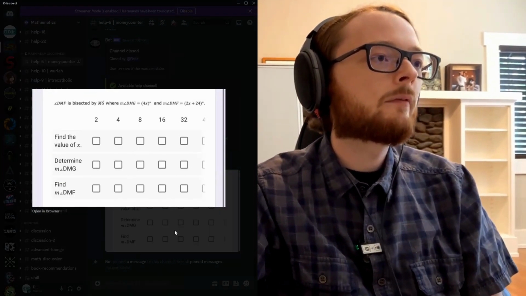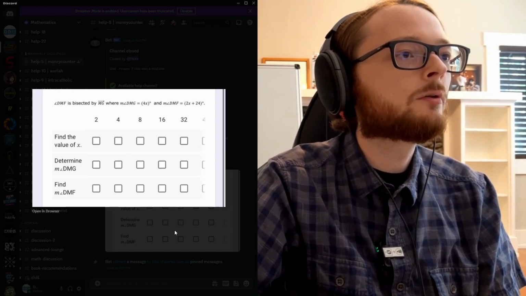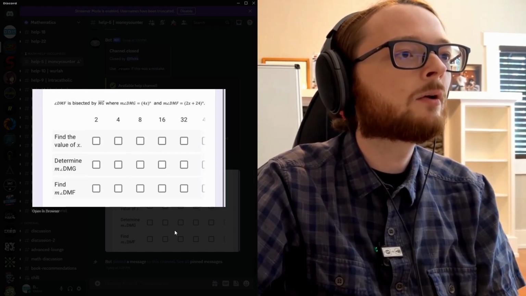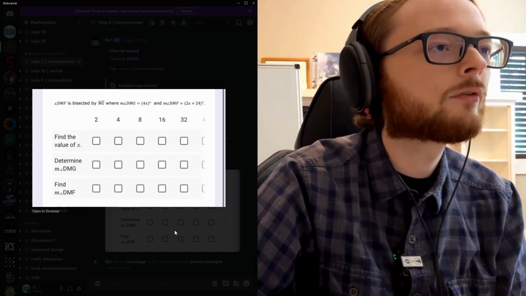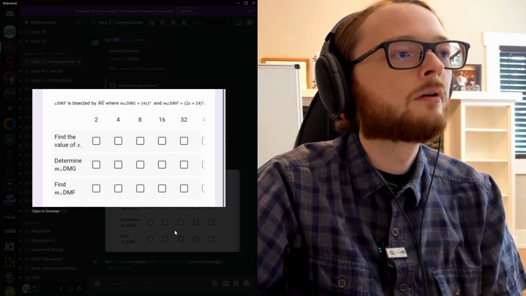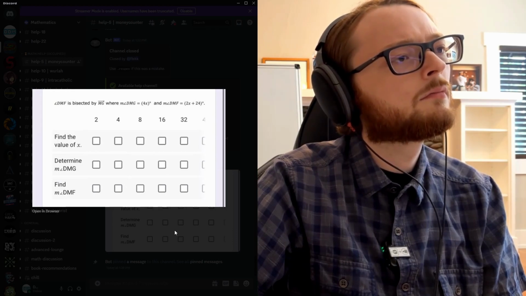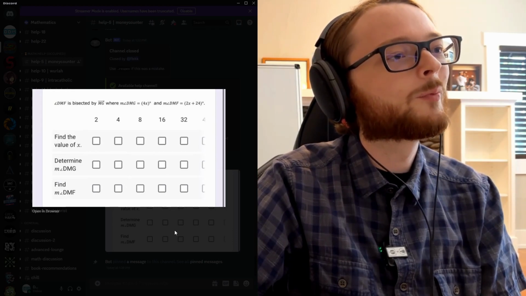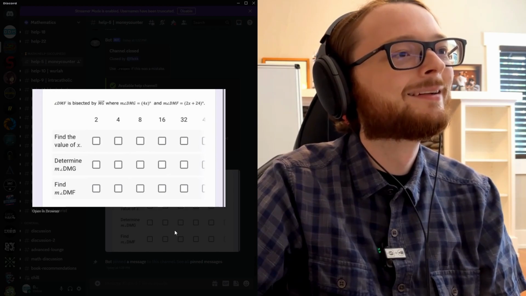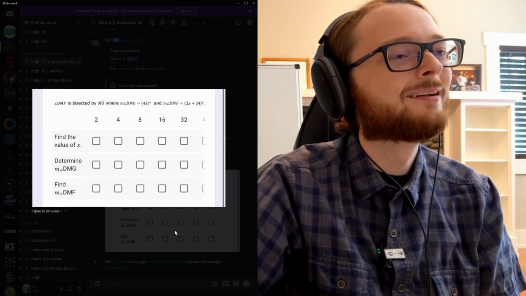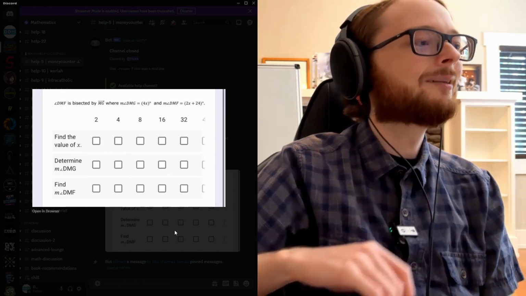Okay, angle DMF is bisected by ray MG, where the measure of angle DMG is 4x degrees. This is a weird way to do a multiple choice question. We can figure this out though.